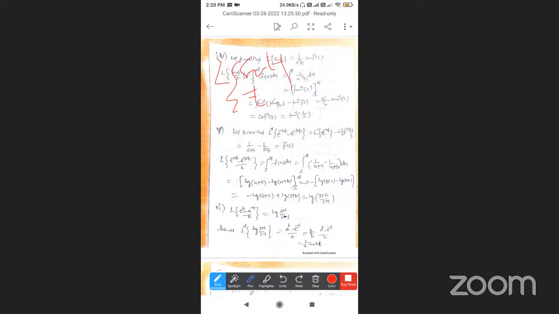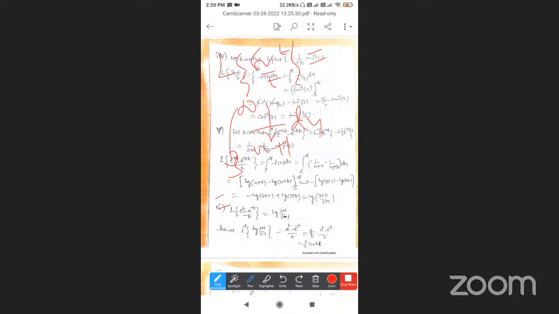It is the integral from s to infinity of f bar of u du, that is 1 by u square plus 1 into du. So the Laplace transform of sin t by t is equal to the integral from s to infinity of 1 by u square plus 1 into du.